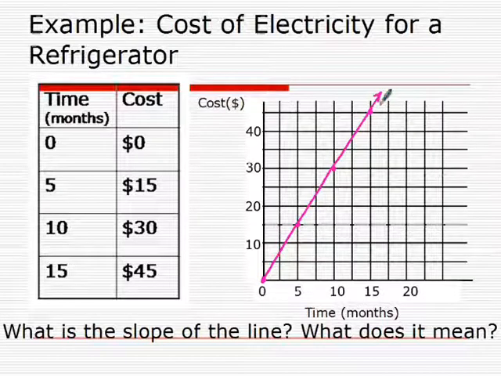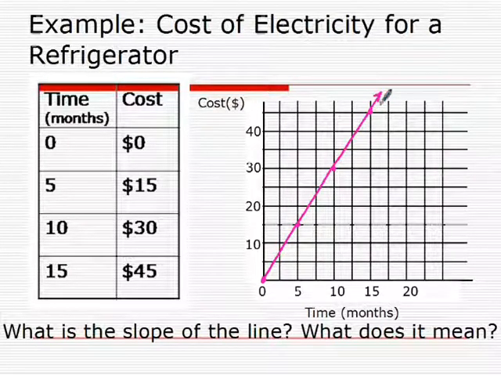Okay. What is the slope of the line? Well, to calculate the slope of the line, I just need the difference in y over the difference in x between any 2 points. Now be careful if you count boxes. Remember, you're not counting by ones here, right? Every box here is 2.5.